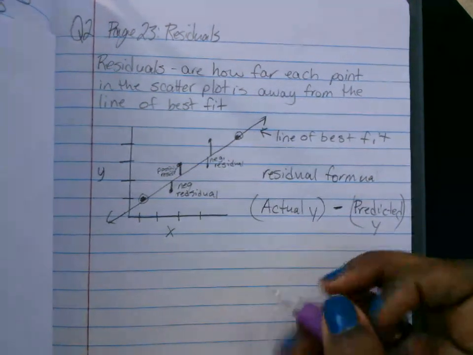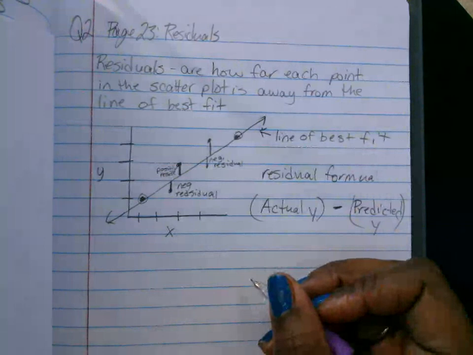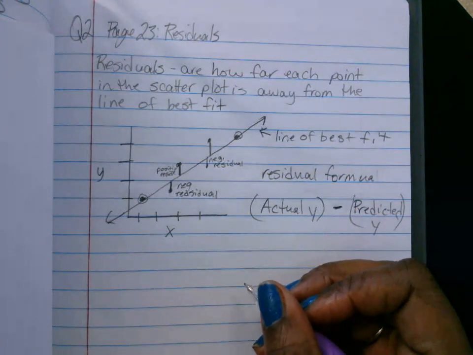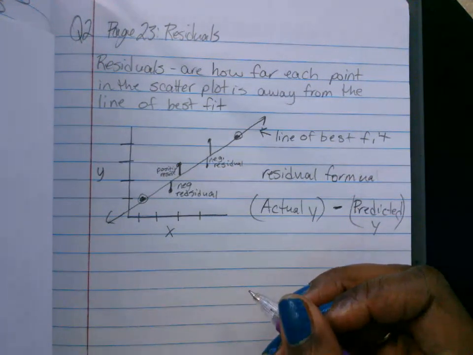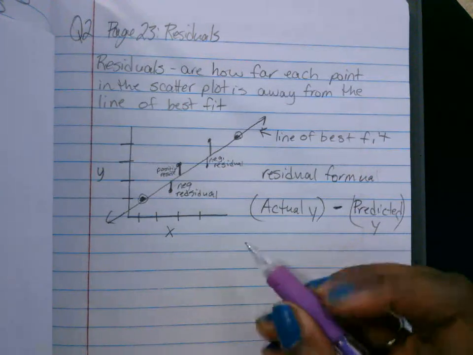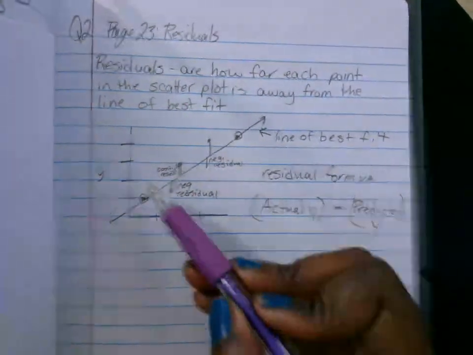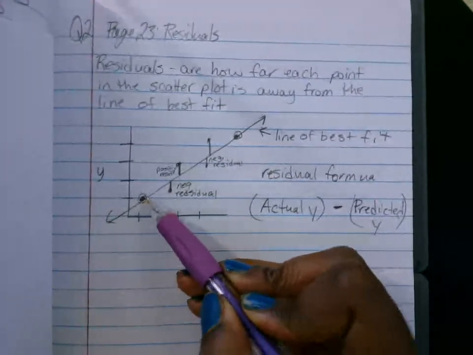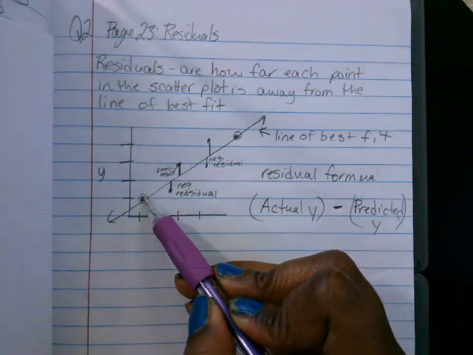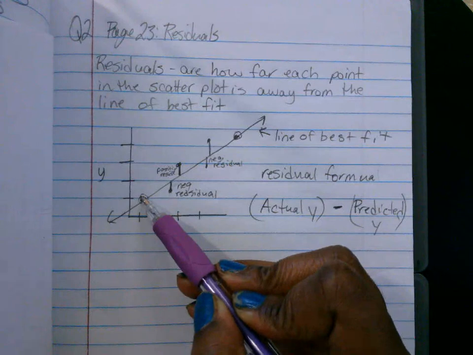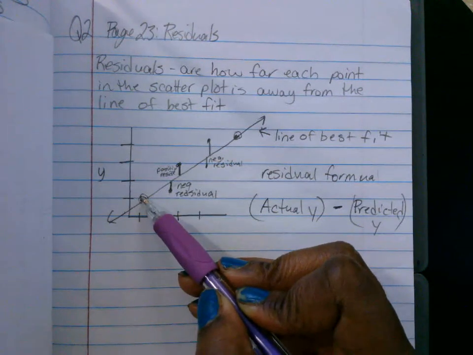So, how far is each point away from the line? Each of the points on the scatter plot has a residual. The residual of a point that's on the line is 0, because it's no distance away from the line of best fit.